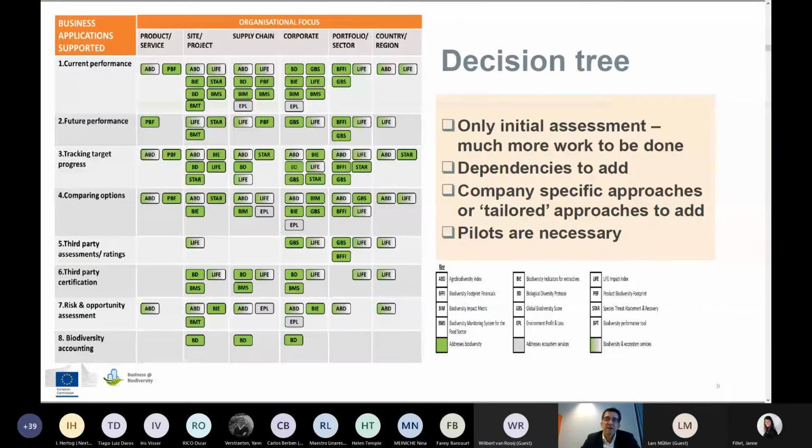Last year we did a first initial mapping of these different approaches according to two entrances. The first one is the type of business application that you want to support with the biodiversity measurement tool. The second one is the organizational focus area, meaning, is it product level, site level, supply chain, corporate, or even a portfolio or a sector, from the financial institutions' perspective, for instance.